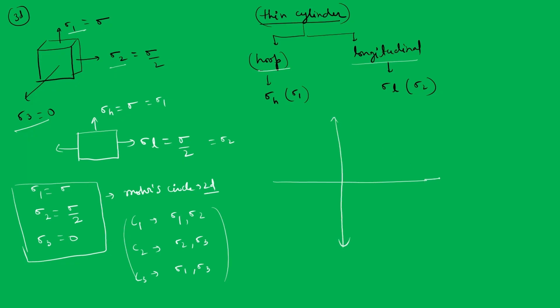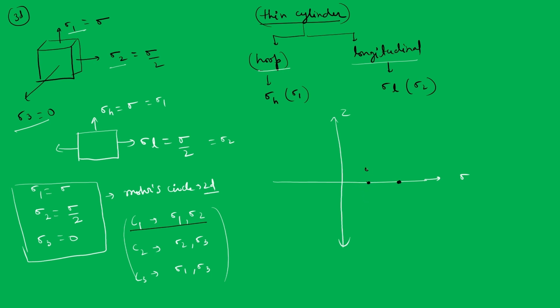Let's say I have taken our axis system, sigma and tau. Now I will represent the circle C1, with sigma 1 and sigma 2. What is our sigma 1? Our sigma 1 is sigma. And what is our sigma 2? Sigma by 2, half of the length.